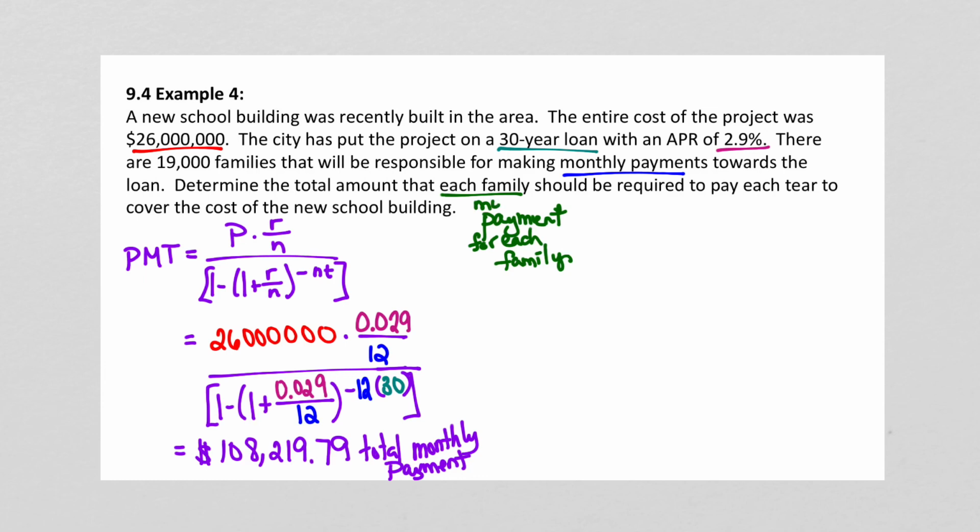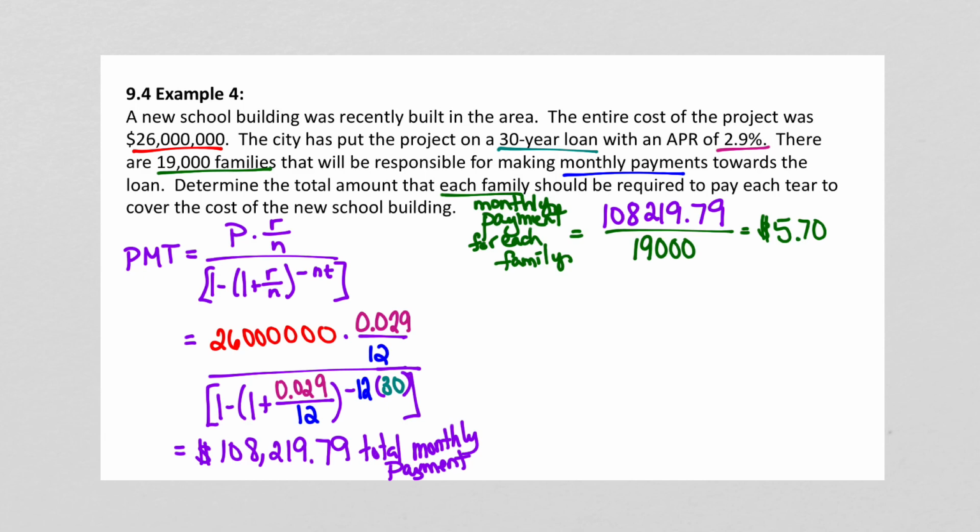And this is the monthly payment for each family. Just by taking this total monthly payment and dividing by, it says there are 19,000 families. So each family per month is only going to pay $5.70.